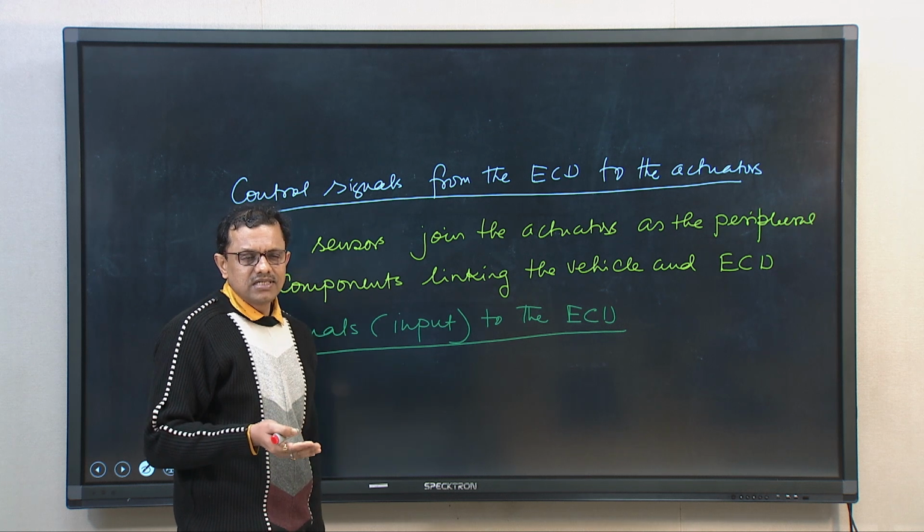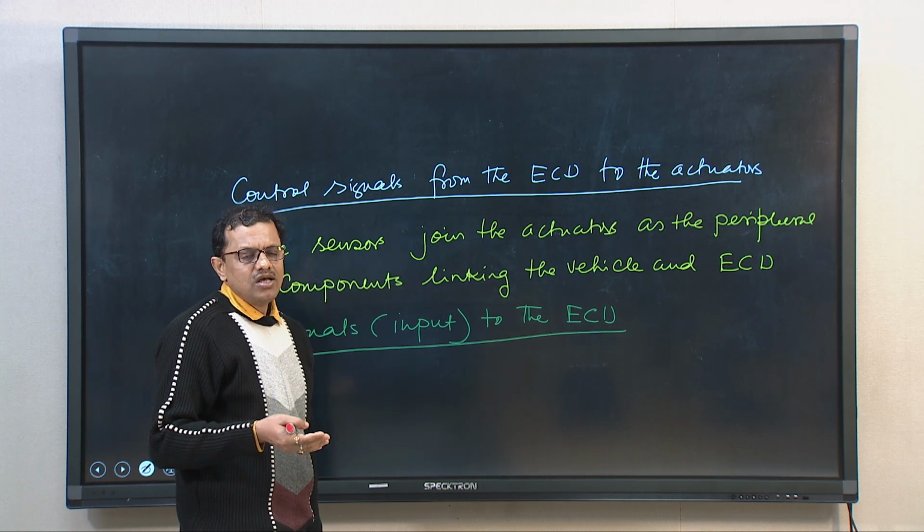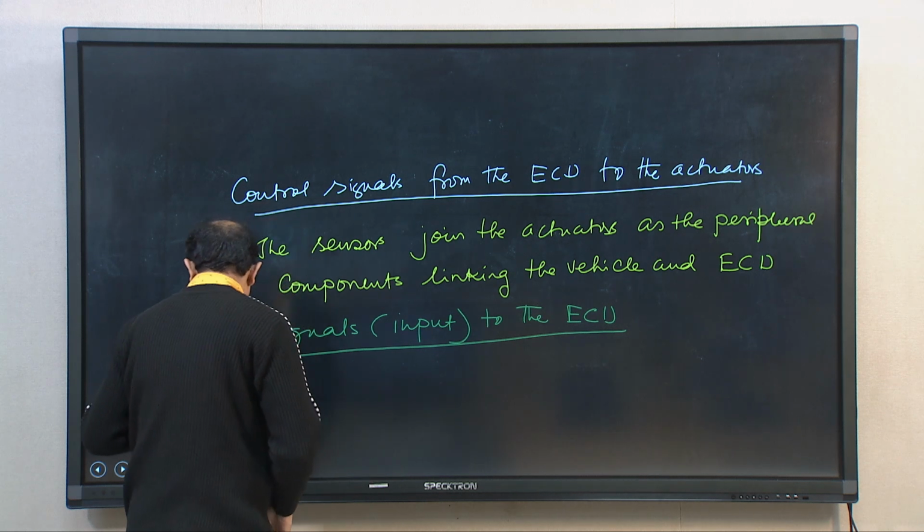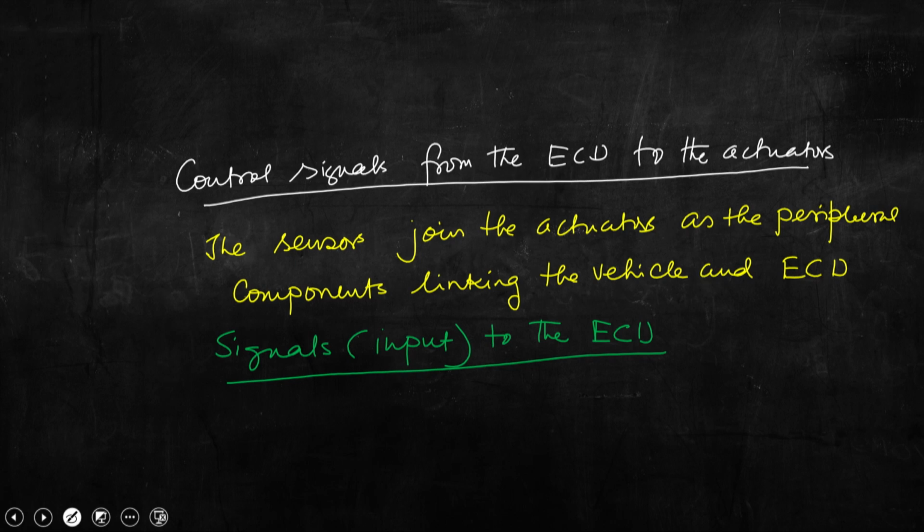In most of the cases these signals are analog type, but we can have digital signals as well. So, these are electrical input signals to the ECU.